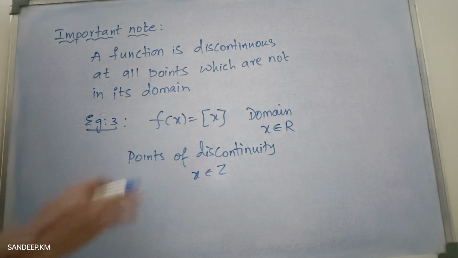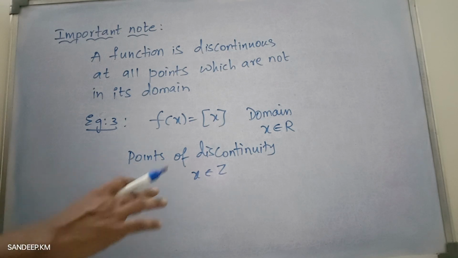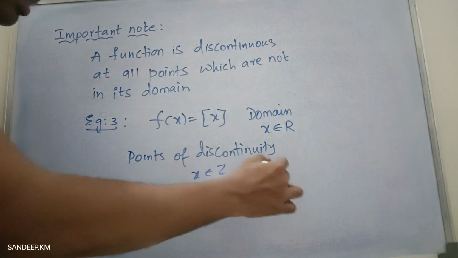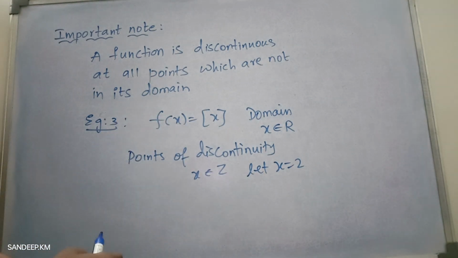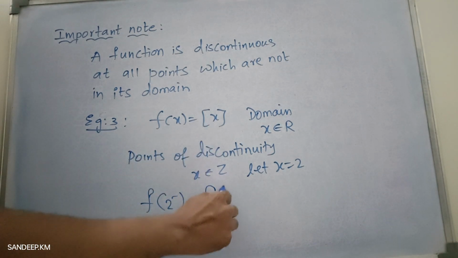When the input is an integer, for every integer, the function is discontinuous. You can take any one integer. For example, let x equal 2. At x equal to 2, let us check whether the function is continuous or not. First the left hand limit, f of 2 minus, which is step of 2 minus.